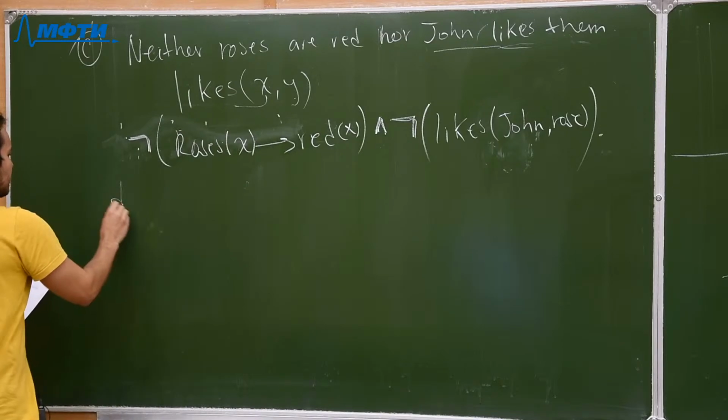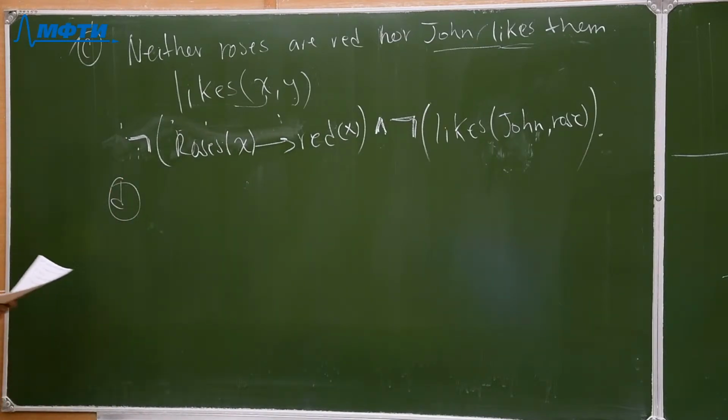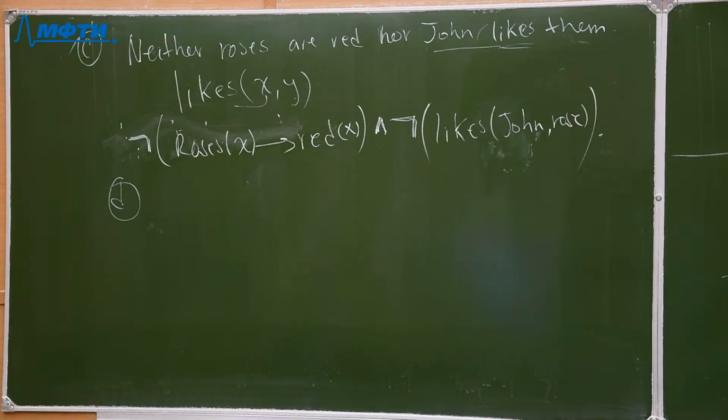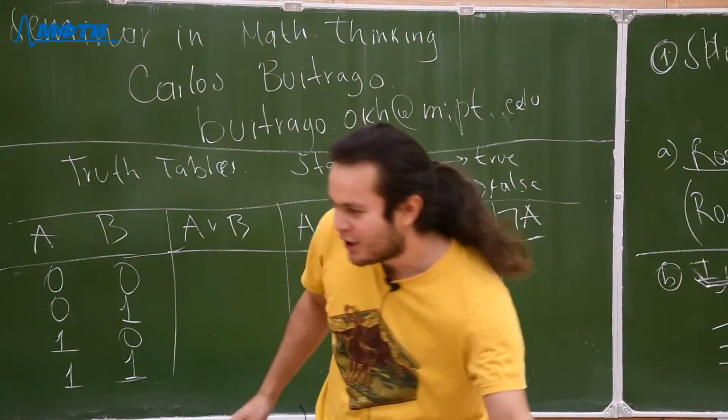Next, D. If John likes roses and violets, then either Mary likes violets or John likes Mary. Okay, let's write it.